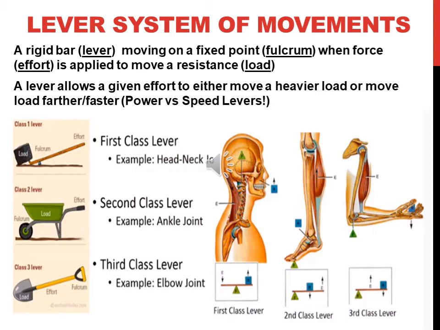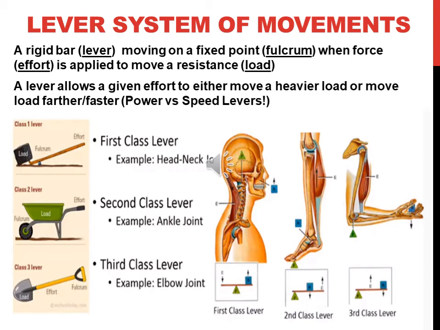Your speed levers, your effort is applied closer to the fulcrum than the load being moved, and greater effort is required. So you have a larger effort to move a small load, but the load arm is longer than the effort arm, so you get greater distance at greater speed. This works at a mechanical disadvantage.